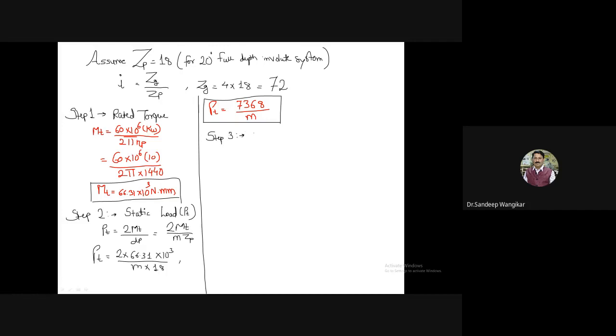Now step number 3, beam strength. Again, you will get the answer in terms of module only.